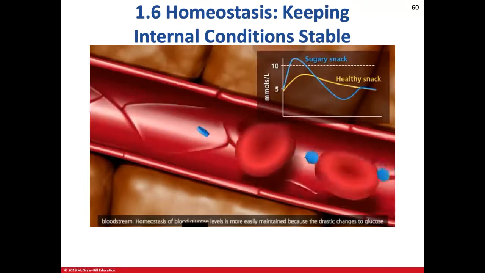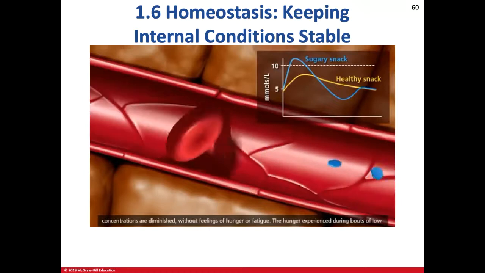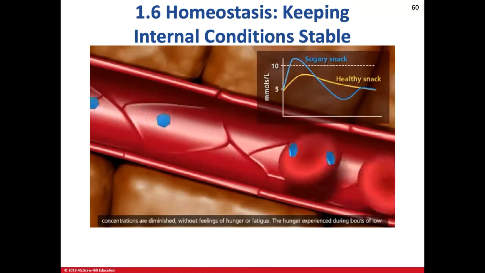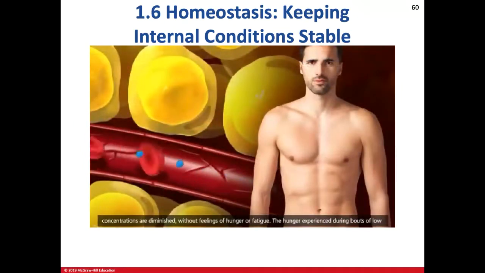Homeostasis of blood glucose levels is more easily maintained because the drastic changes to glucose concentrations are diminished, without feelings of hunger or fatigue. The hunger experienced during bouts of low blood sugar, in addition to disrupting short-term homeostasis, can be a contributing factor to overeating and long-term problems like obesity.